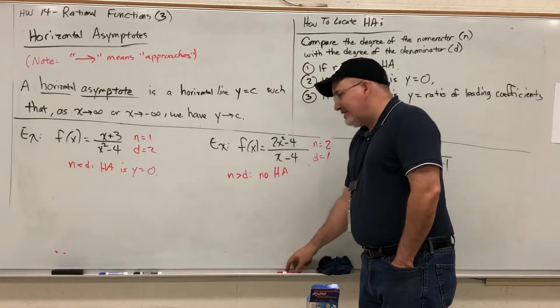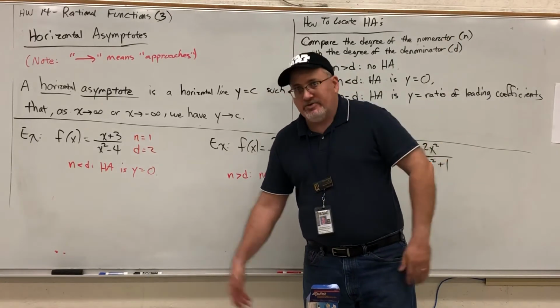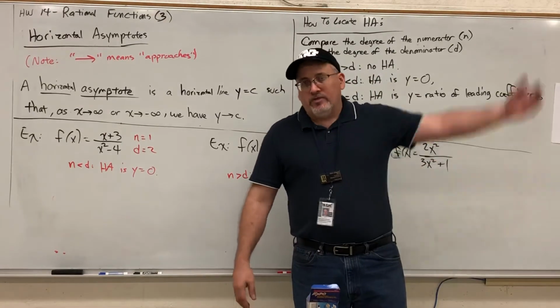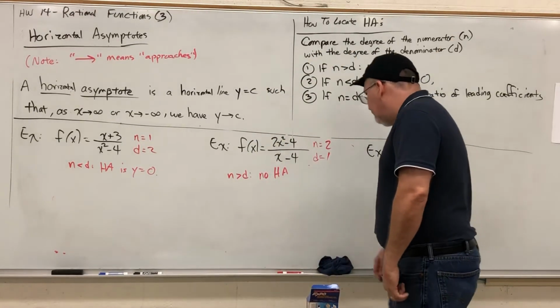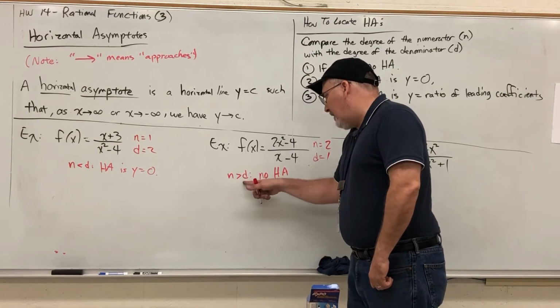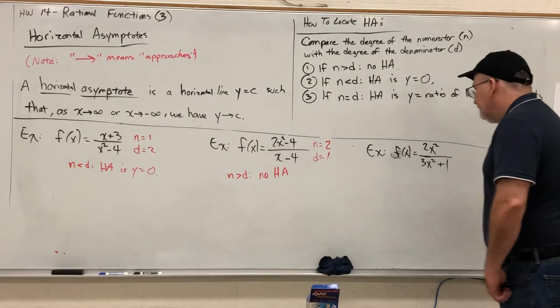What that means is as the x's get larger, the right end either rises or falls, as does the left end. I can tell you right now that for this one, the right end would rise and the left end would fall. But again, if the larger power is in the numerator and the smaller power is in the denominator, there is no horizontal asymptote.